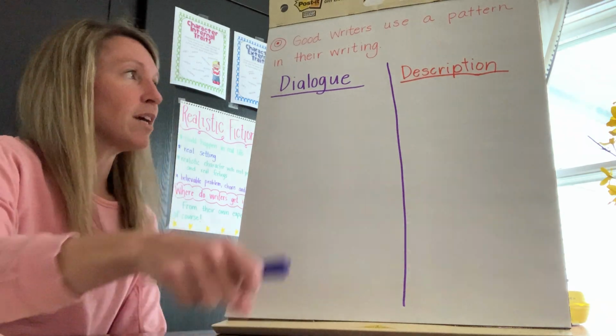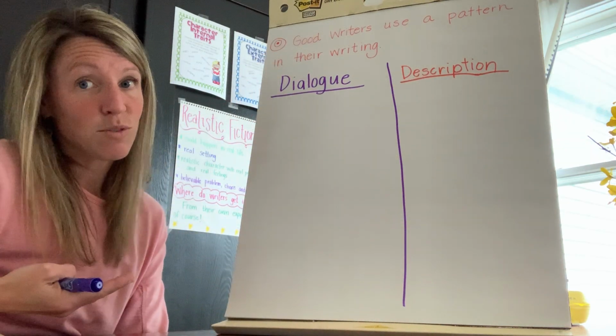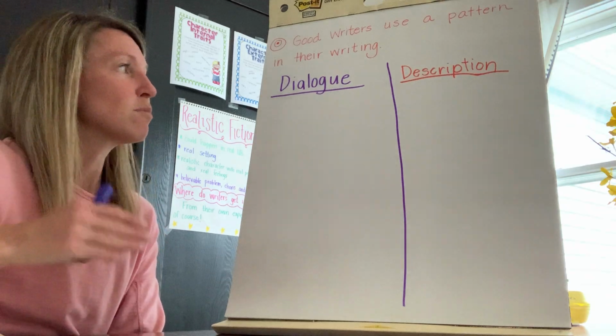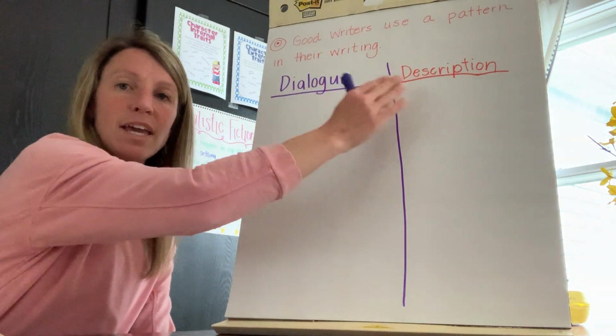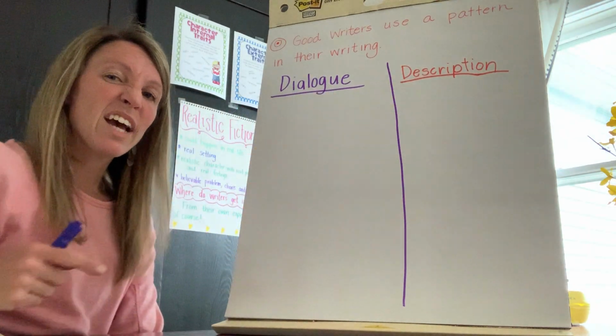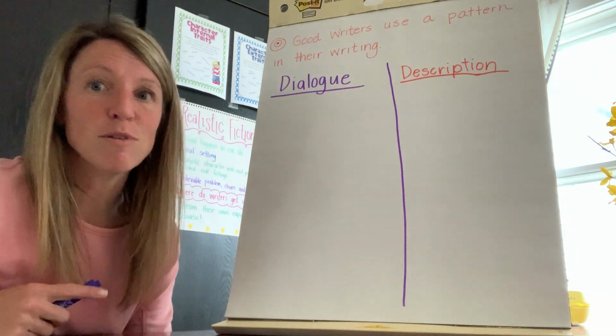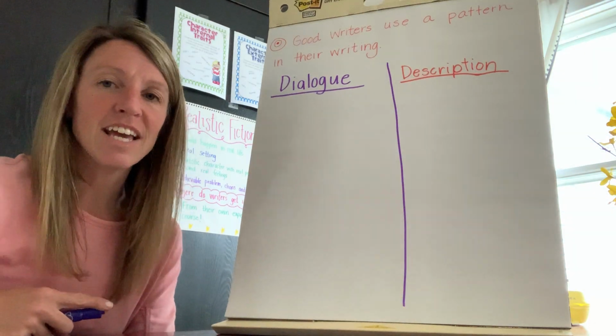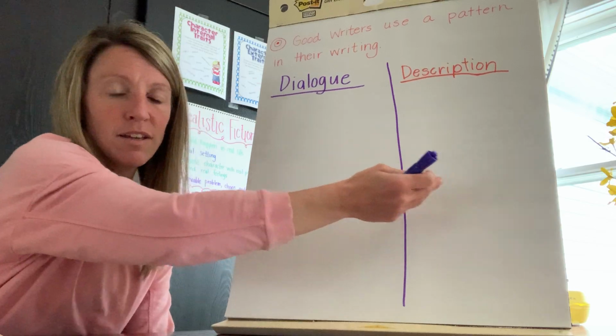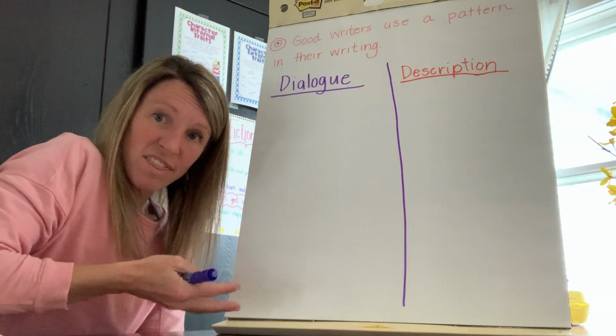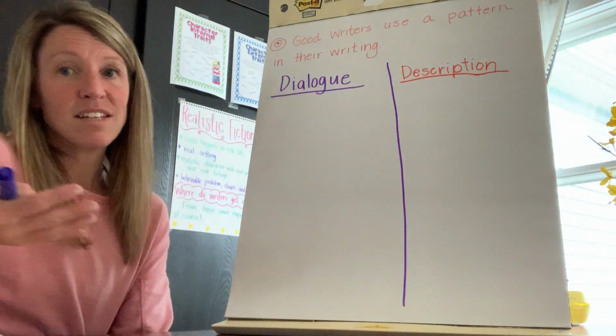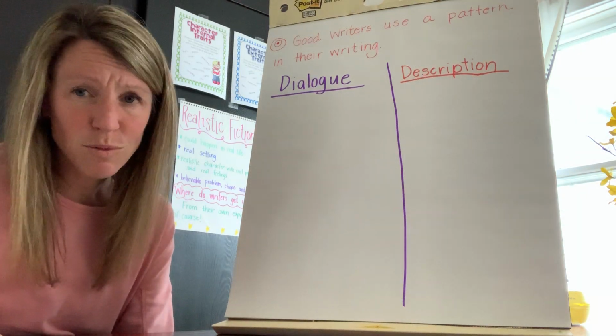So in your story, and in a lot of stories, all good writers use both dialogue and description. So it's kind of like having a good meal. Maybe you had an Easter dinner tonight, and it's like salt and pepper. You don't want to use too much of one thing and not enough of the other because it could ruin the meal.